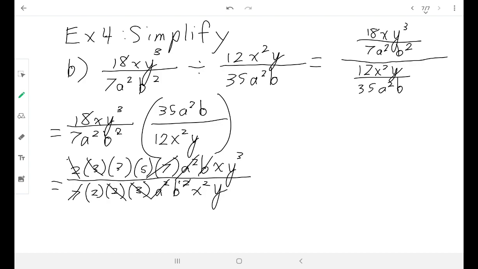The x at the top can cancel one of the x's at the bottom. The y at the bottom can cancel one of the 3 y's at the top. So once we've got all that crossed off, I've still got 3 times 5, so that's 15.